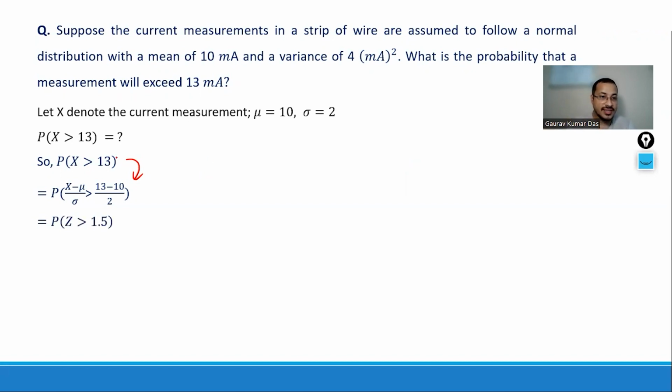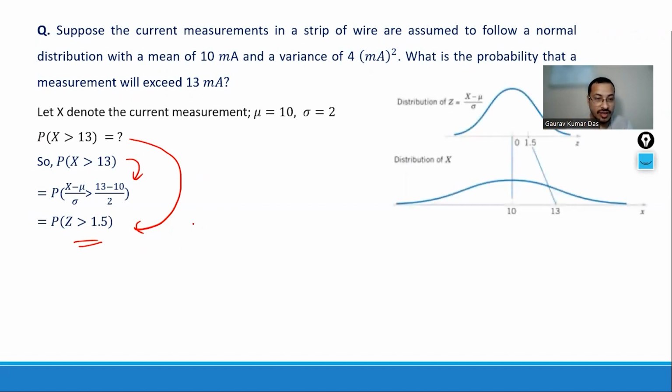So P of X greater than 13 has been converted to P of Z greater than 1.5. But this is not something which will be given in the table, because in the table we record P of Z less than 1.5. So I'll convert it to 1 minus P of Z less than 1.5. So you can see here how the conversion happens.